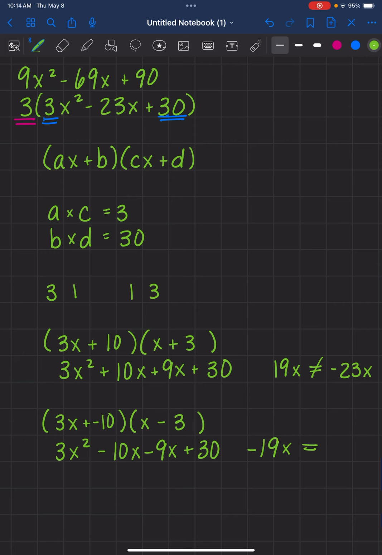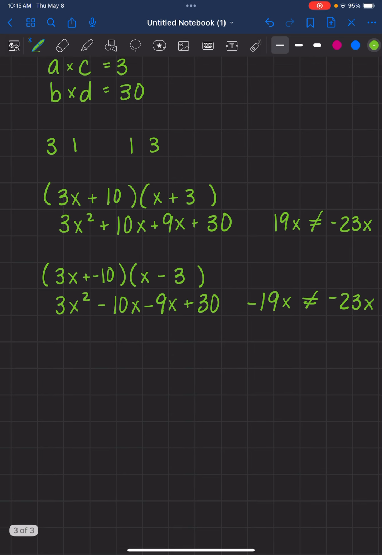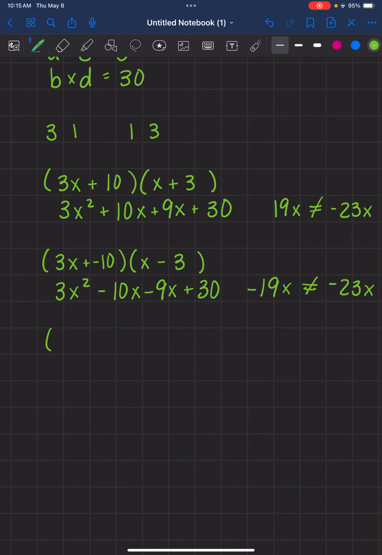So we can see here that if it doesn't work when both are positive, it also doesn't work when both are negative, because they just end up as the opposite number. So if we had come up with something that gave us a 23x, we would know we were really close, and that perhaps we could just turn the positives to negatives. But here we're not even arriving at the right number. So let's try another combination.